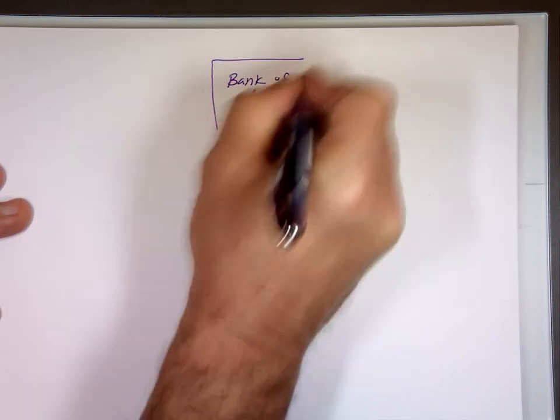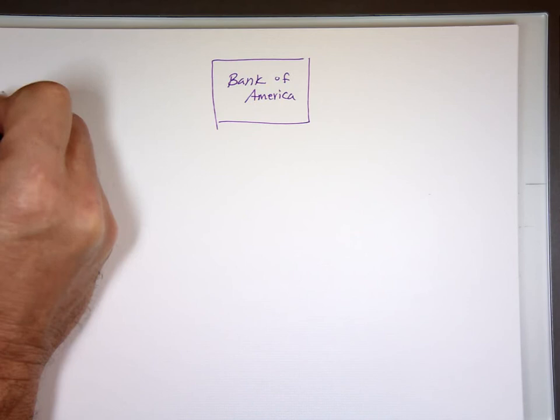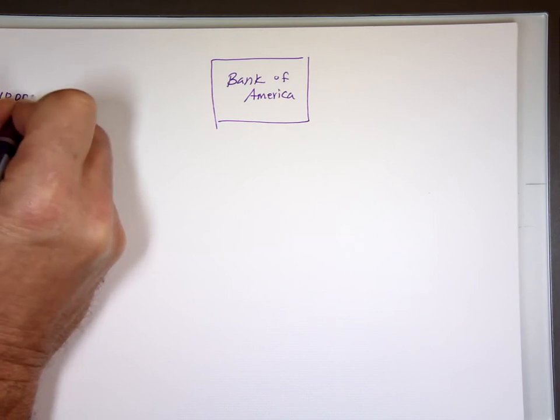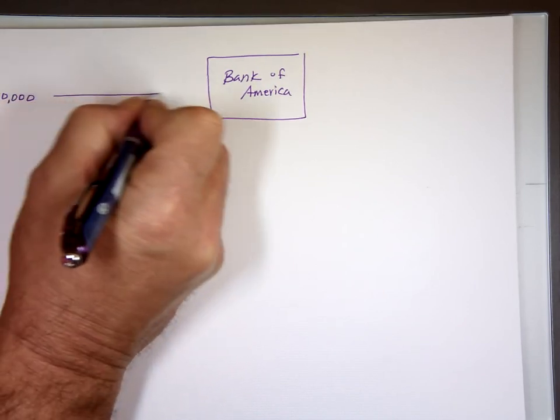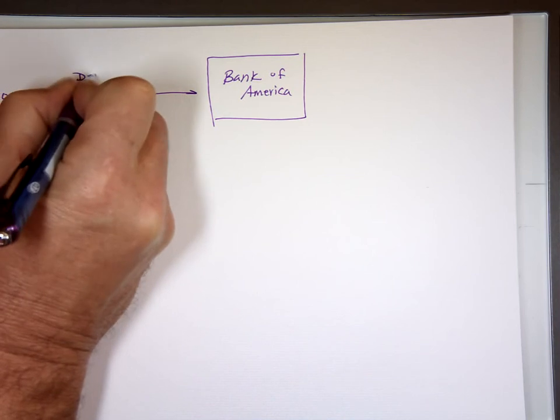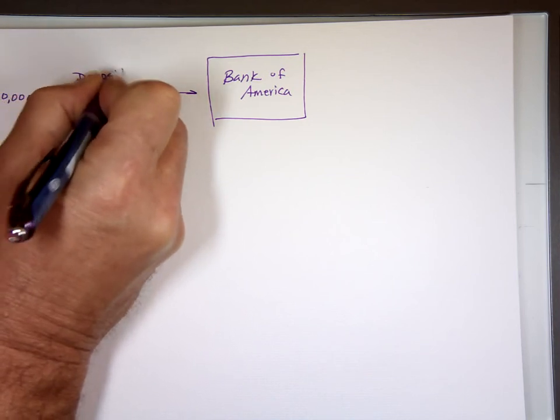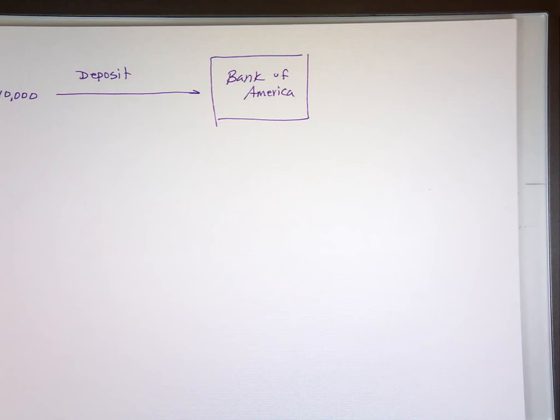And you happen to have $10,000 with you. And you're going to deposit that in Bank of America. Probably today, if you're lucky, Bank of America will give you 1% interest, and that's good.